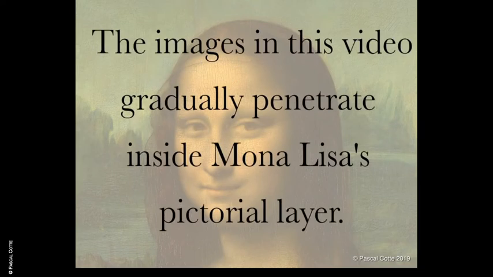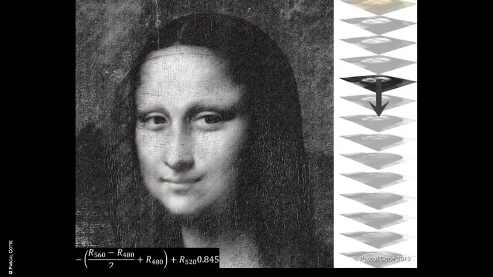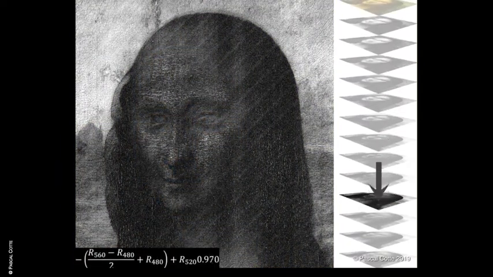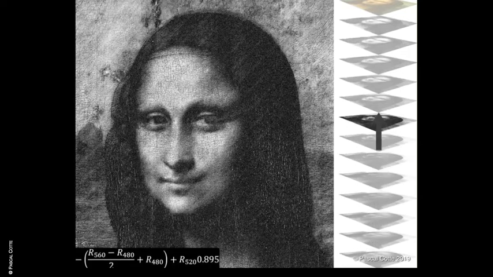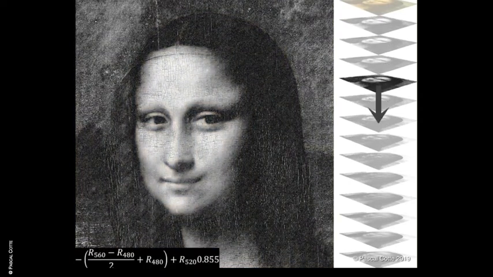Here is a good example of the use of this method, which allows us to penetrate progressively into the layer of paint to see what seems to be another face, more feminine. It could very well be the real face of Lisa Gherardini.